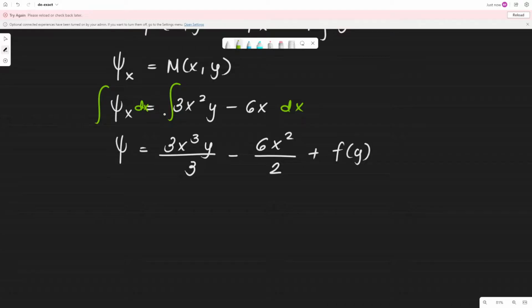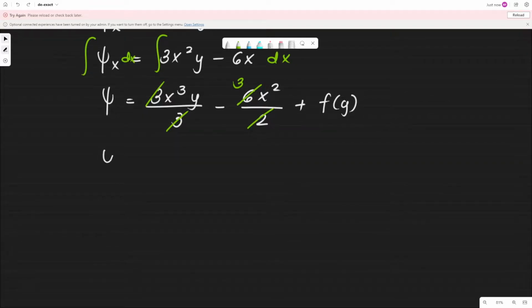So simplify muna natin. Huwag natin kalimutan mag-simplify. So we will have psi is equal to x cubed y minus 3x squared plus f of y.